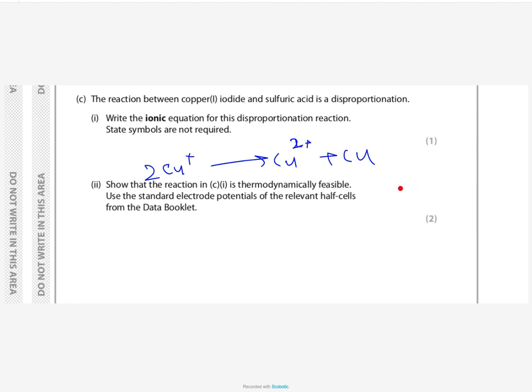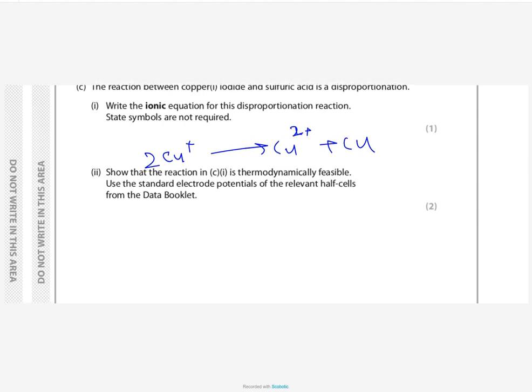Show that the reaction in C1 is thermodynamically feasible. For that, you have to use the standard electrode potential values. You have the Cu plus gaining an electron, giving copper, and then the next equation, Cu plus to Cu 2 plus plus an electron.